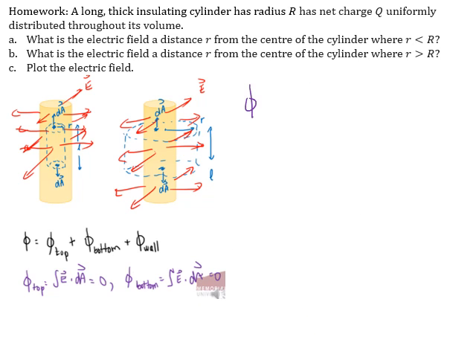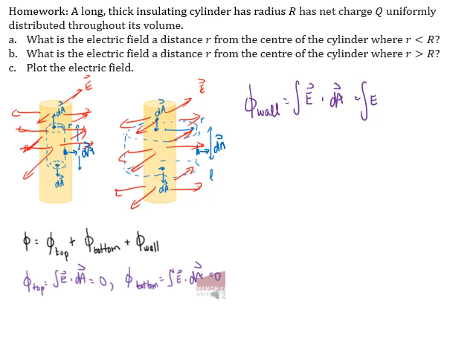For the walls of the cylinder, start with the same expression, the electric field dotted with dA. Let's draw our little bit of dA on our cylinder. The little bit of dA on the wall of the cylinder is going to point radially outwards, whether we're going on the big cylinder or the small cylinder. So dA is radially out, electric field is radially out. Those two vectors are parallel.